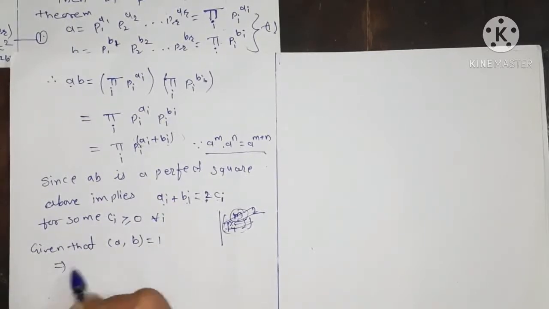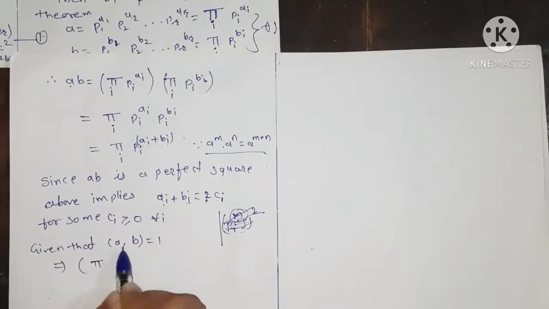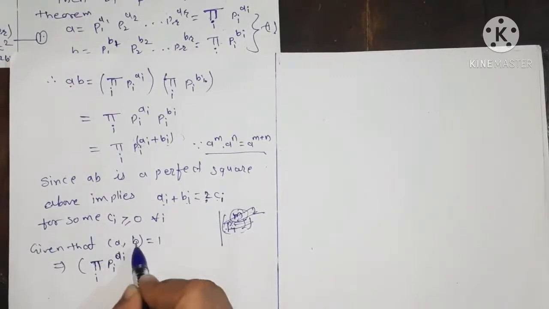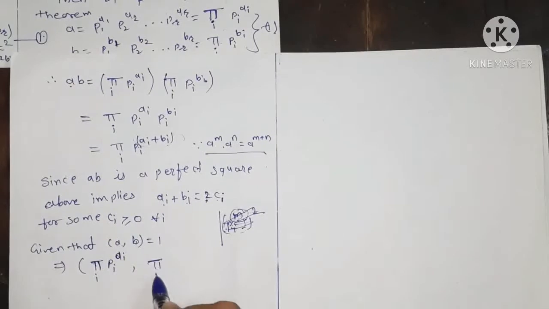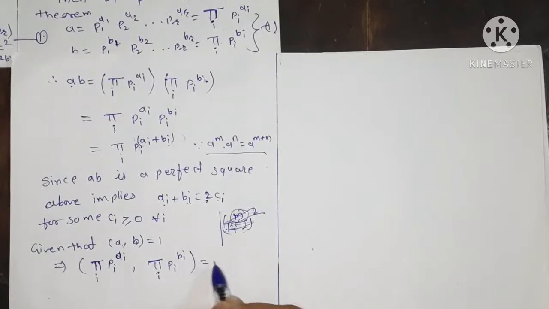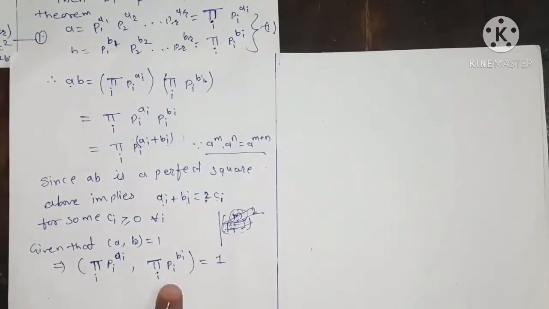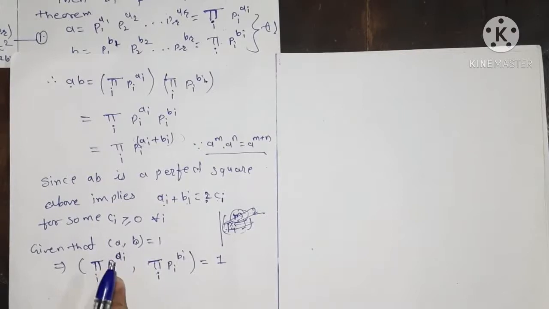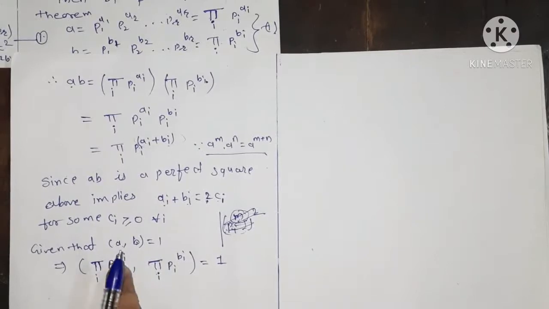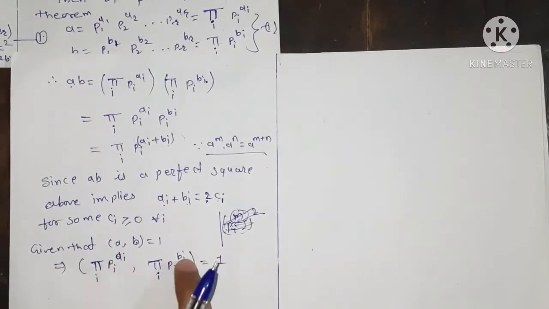So this implies that the GCD of a, written in product form as the product over i of pi to the power ai, comma b, written as the product over i of pi to the power bi, equals 1. As the GCD is equal to 1, what this means is that, as we know, the GCD is the minimum of the powers of pi, that is the minimum of ai comma bi.